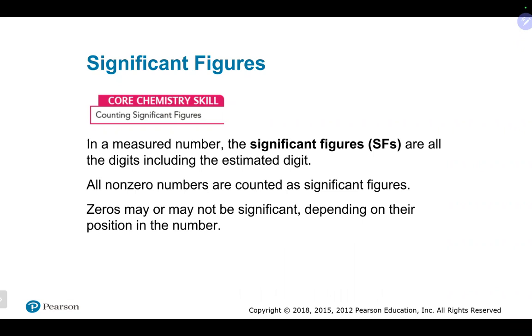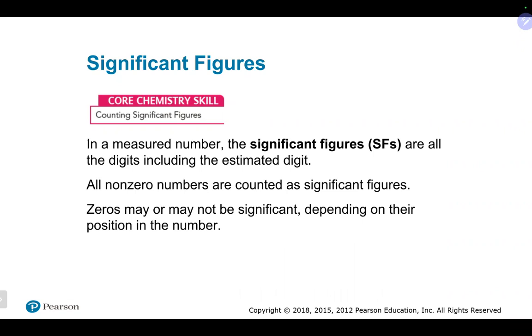By the way, the estimated digit is not always the last number that is written, but it should be the last significant figure that is in the number. So that is a distinction. In a lot of cases, it is the last number written, but it won't always be. But the right definition is it is the last significant figure in that particular measurement or number.